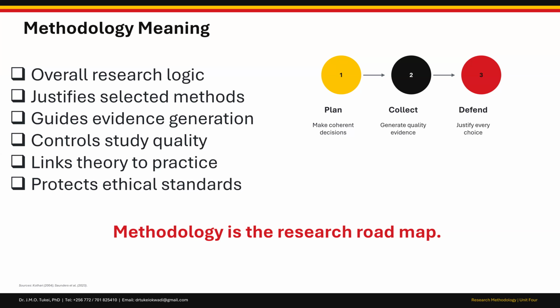The research roadmap begins with making a plan. And that plan is: how do you collect data? Which tools are you going to use to collect the data? Which instruments do you think are appropriate?